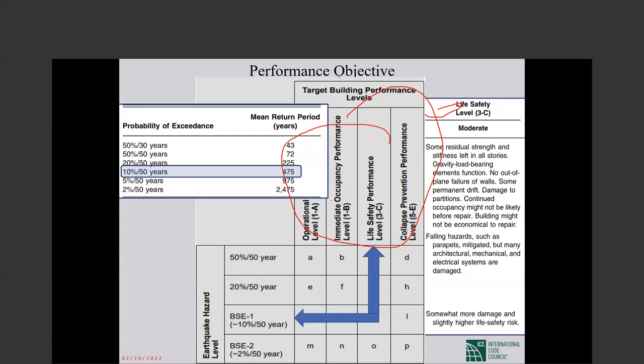No out of plane failure, some permanent drift, damage to partitions. So this gives you a sense of what we expect when we say life safety, when after an earthquake we go to the building. But then we have specific engineering demand parameters that quantify this life safety.